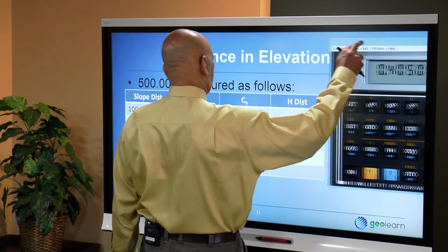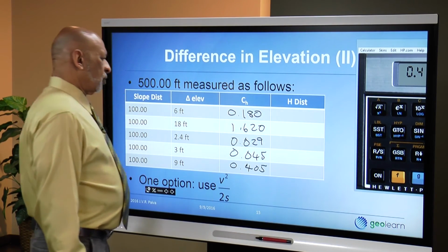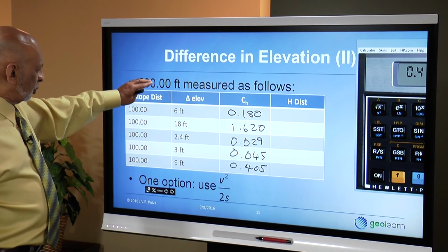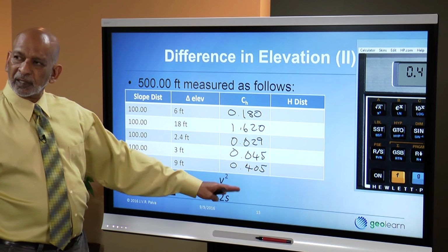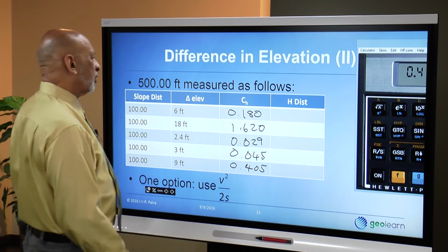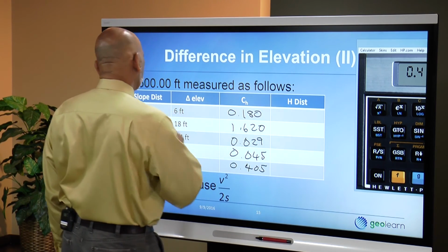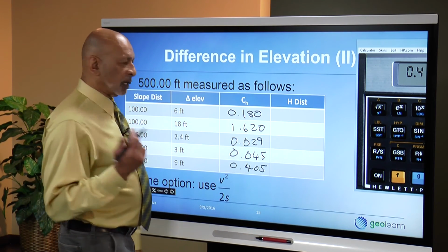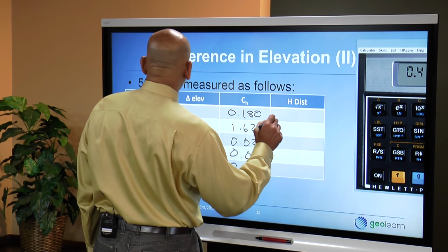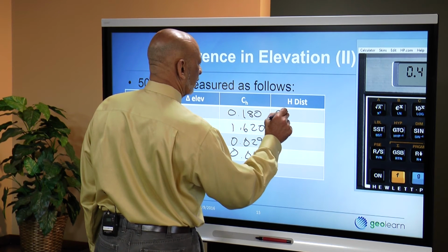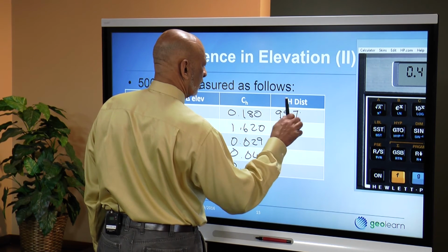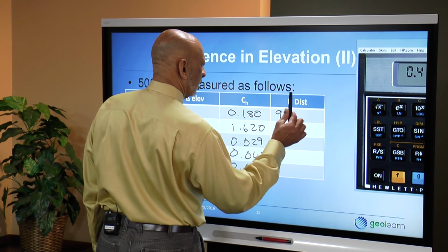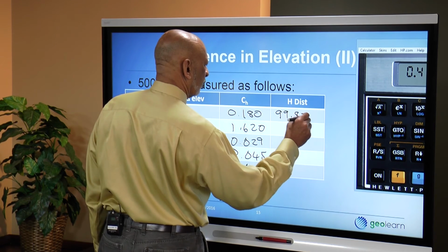So I'll just do one of these. Now what you can't do is add this up and say we have 500 feet minus the sum of these. You can't do that. You have to apply it to each correction. And when you have a slope distance, remember the horizontal is always going to be smaller. So in this case, we would have 99.7, 0.82 and so forth.